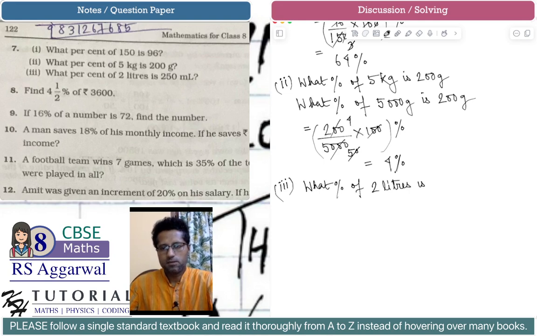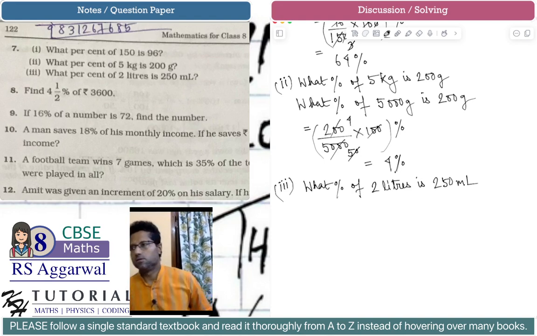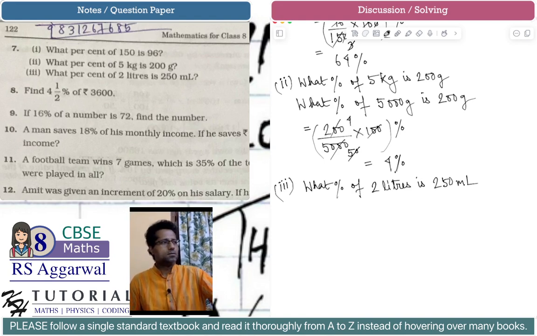Now, both the quantities are of the same type, some quantity, but the units are different. One is in milliliter, and the other one is liters. So it's better we convert the liters to milliliters.